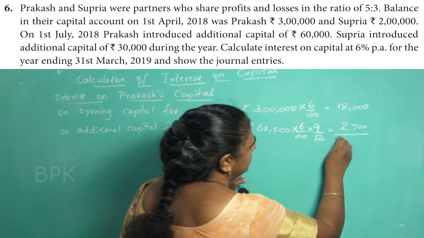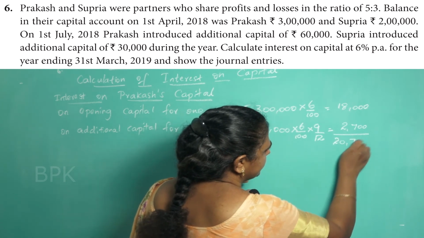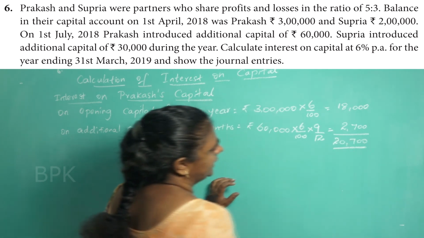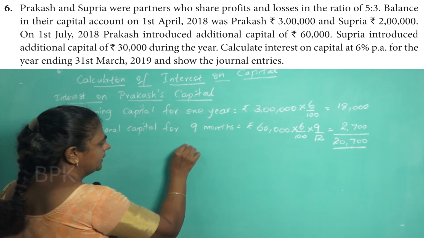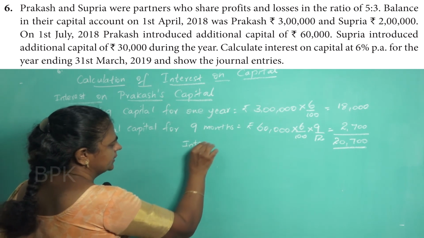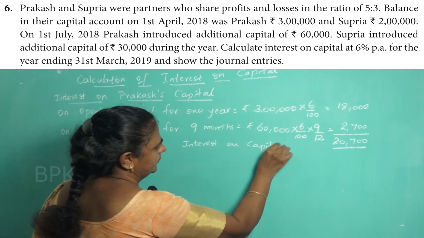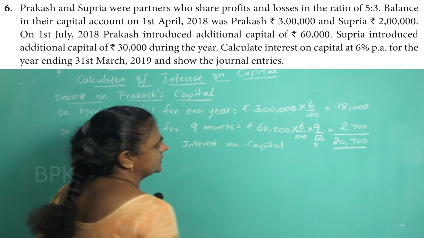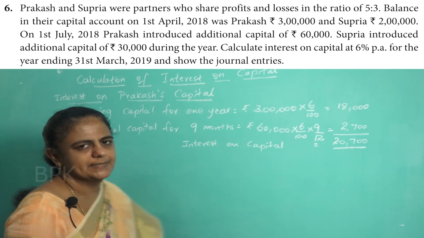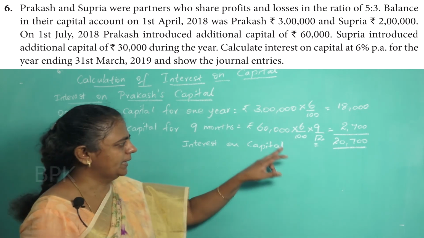So when you add both, the total interest is 20,700. So interest on capital for Prakash is equal to 20,700. Okay, for one partner.